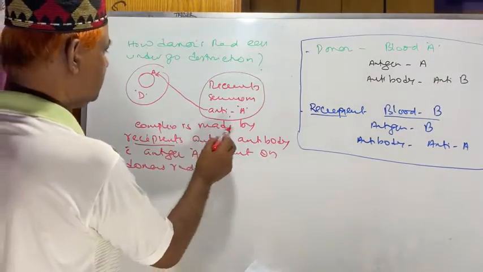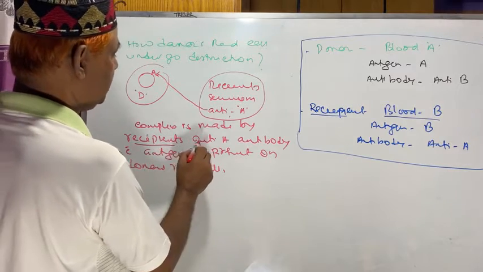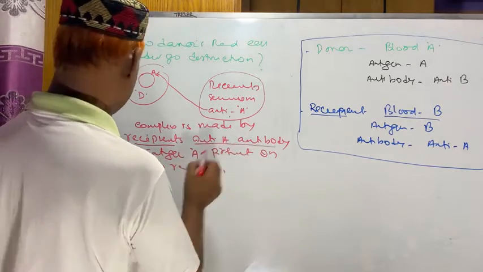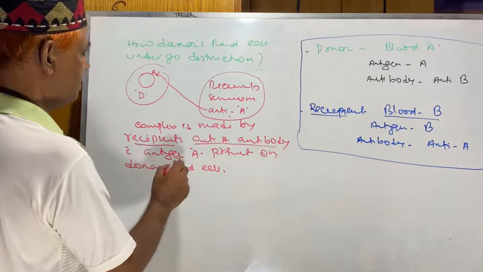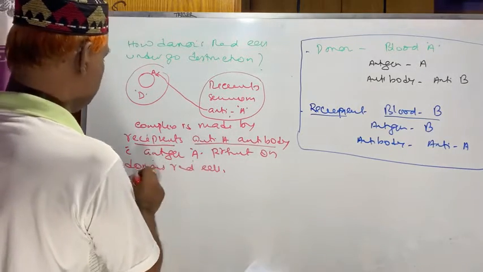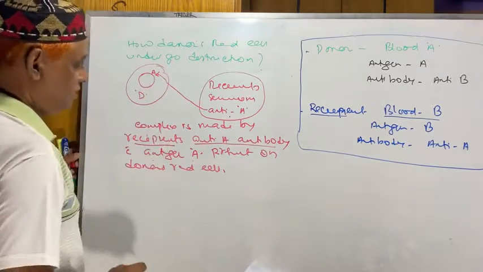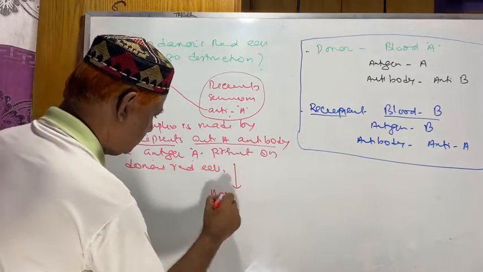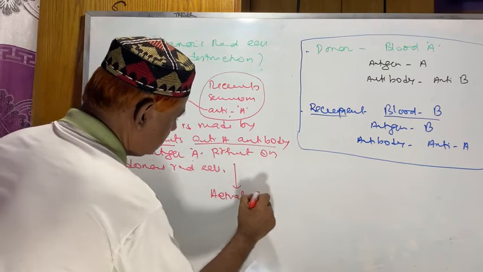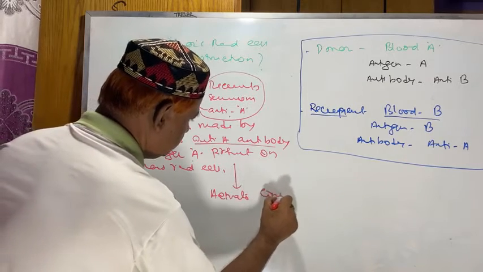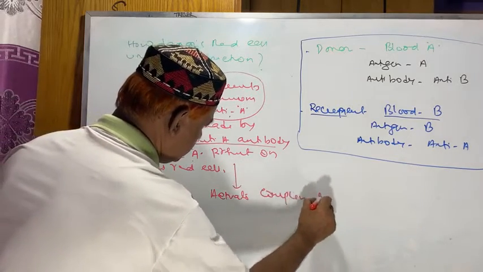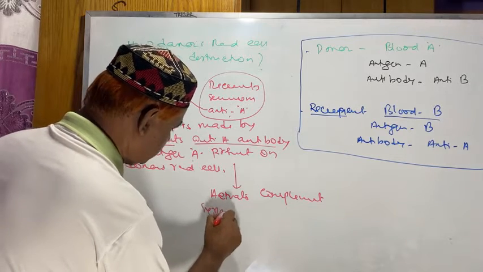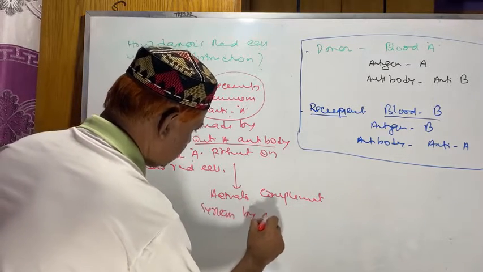A complex is made by the recipient's anti-A antibody with antigen A present on the donor's red cell, and this complex activates the complement system by the classical pathway.